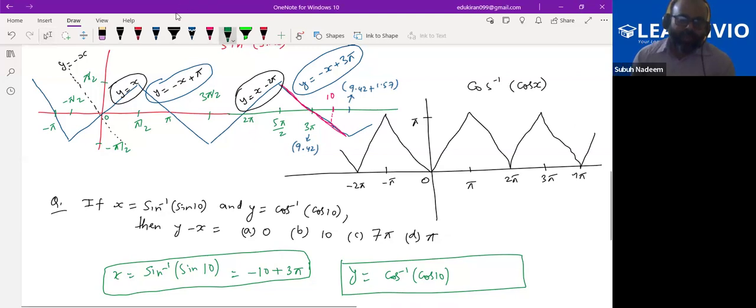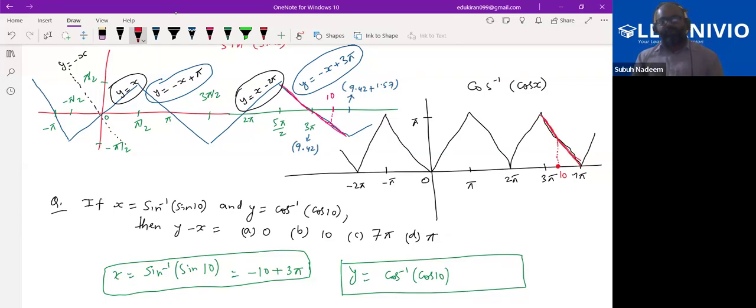So if you see 10 in cos inverse cos x, 10 is again greater than 3 pi and less than 4 pi. So 10 may be somewhere here. And if you see this line, this line would be the equation. Now, what is this line?